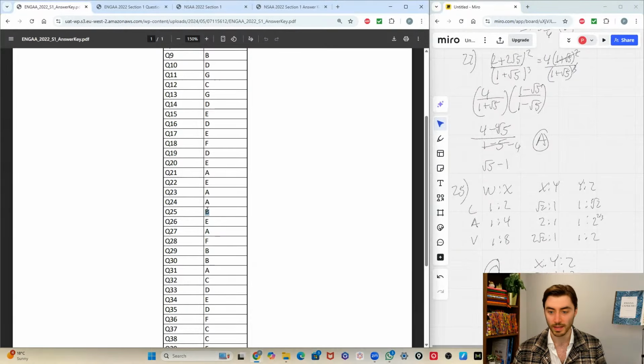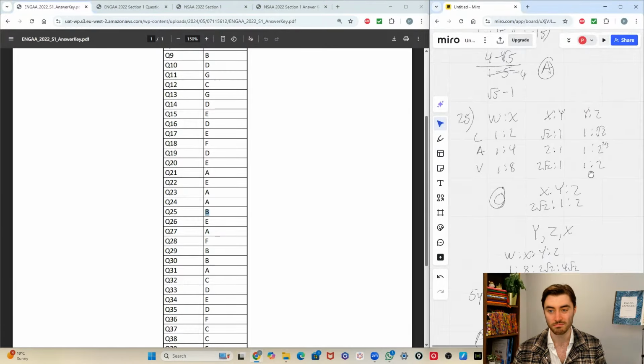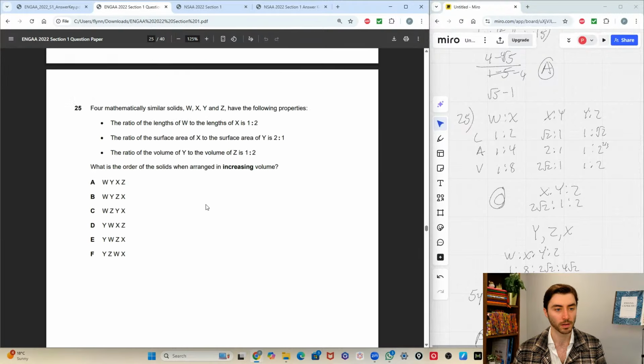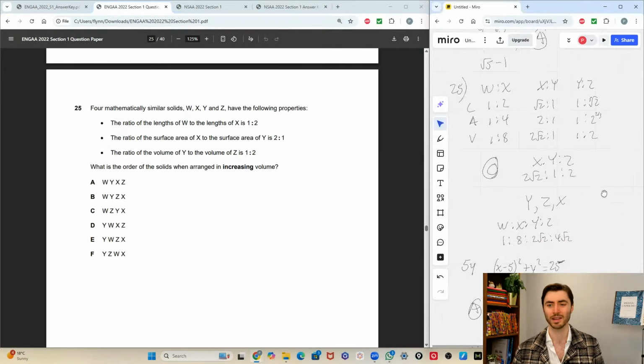25, I said C. Let me get back in for that. What did I do? Oh man, I like this kind of stuff. So W to X is a 1 to 2 ratio, so the volume ratio is 1 to 8, certainly. Surface area is 2 to 1, so that's root 2 to 1 in the length and 2 root 2 in the volume, correct.